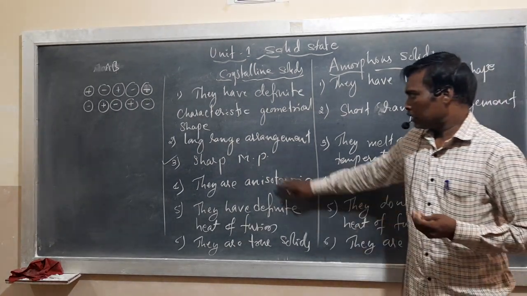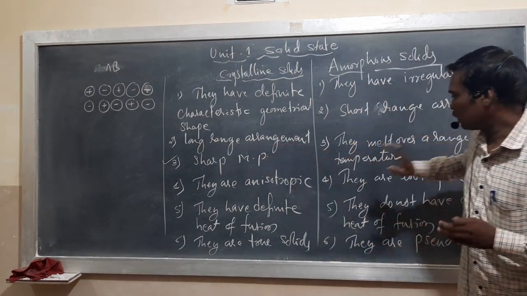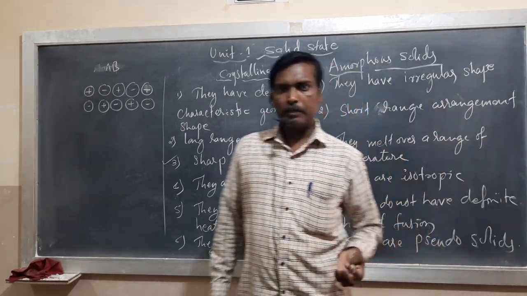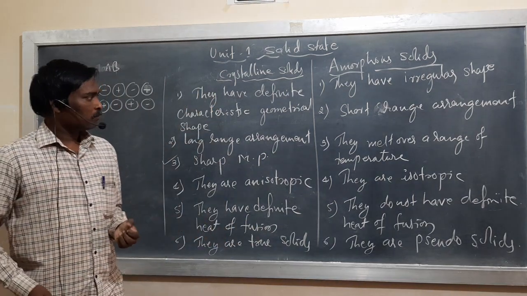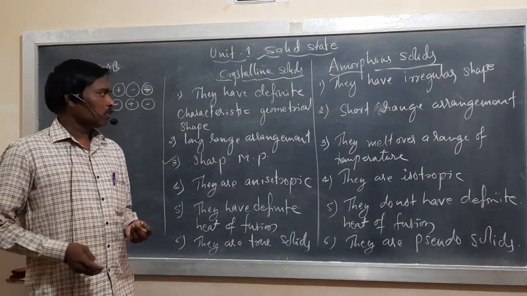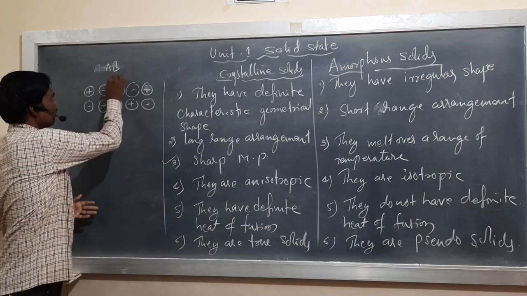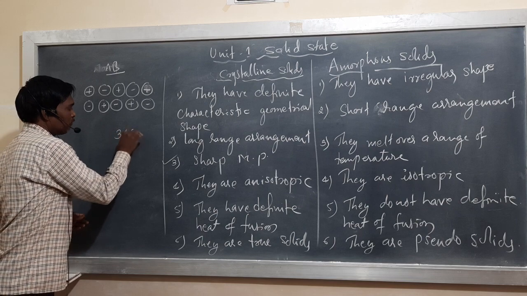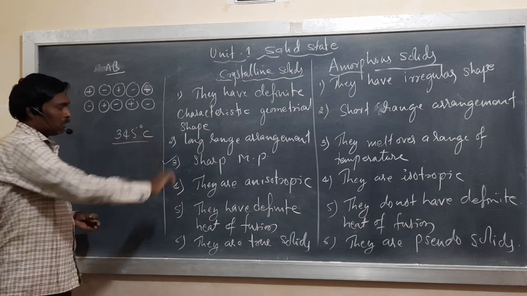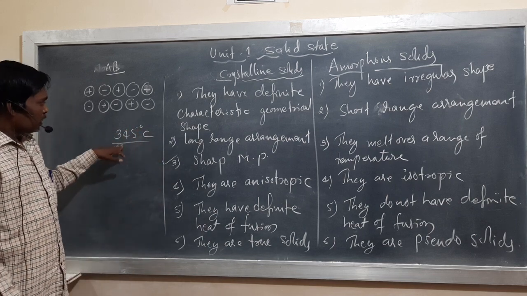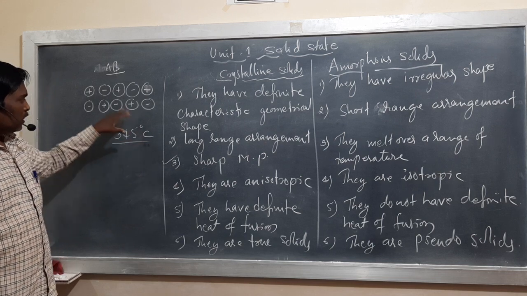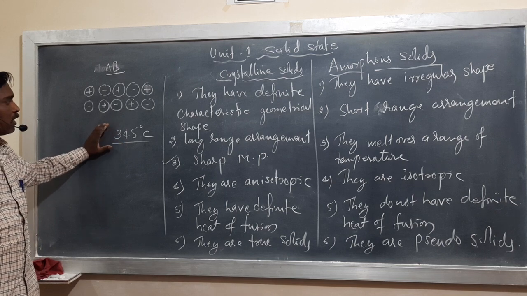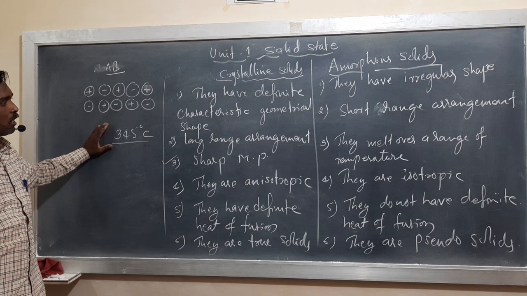Crystalline solids have a sharp melting point, and amorphous solids melt over a range of temperature. A sharp melting point means, for example, a solid of AB type has a melting point around 345 degrees Celsius. That crystalline substance melts exactly at 345 degrees Celsius. That we call a sharp melting point.